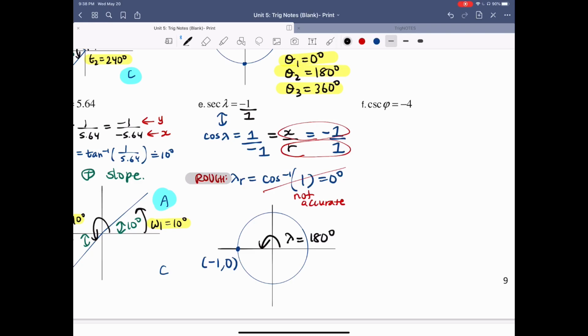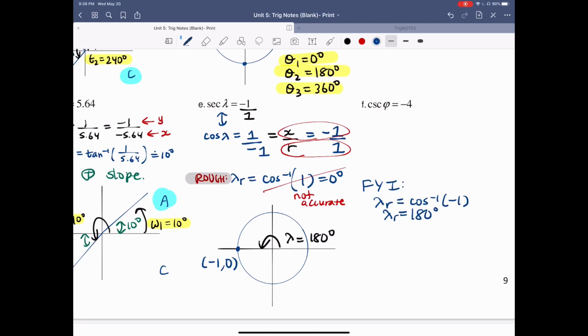Keep in mind, FYI, if you did cos inverse of negative 1 directly, you would have actually gotten 180 degrees.